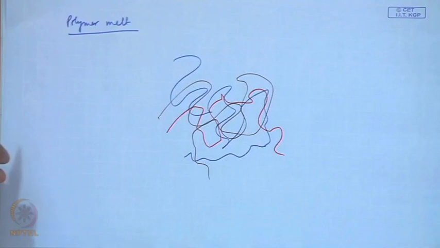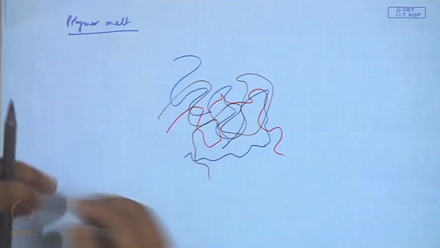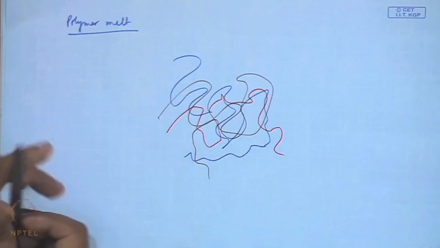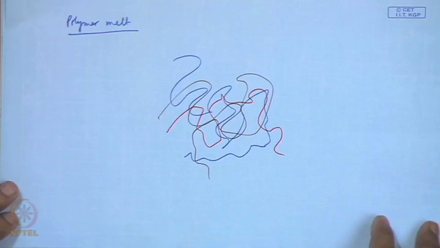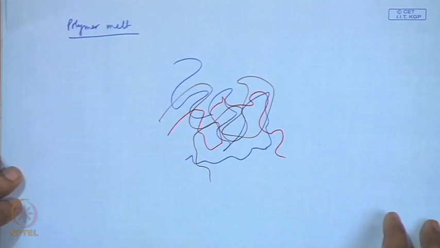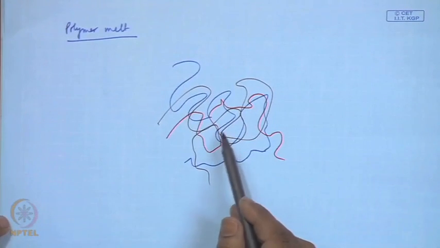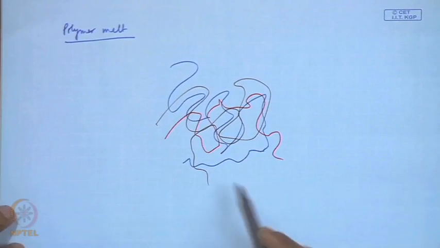In the melt, they are entangled, they have thermal motions, they have kinetic energy associated with them. Now, if you cool this, or reduce the temperature of this polymer melt, obviously the viscosity goes up and the polymers start flowing less.